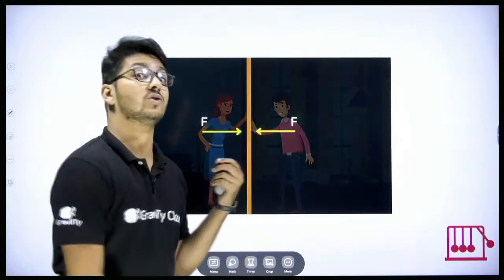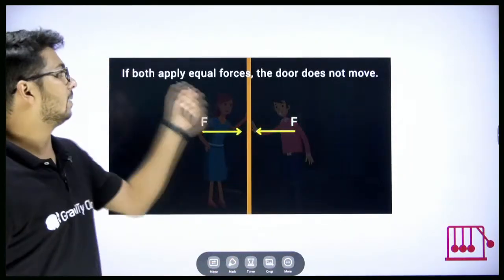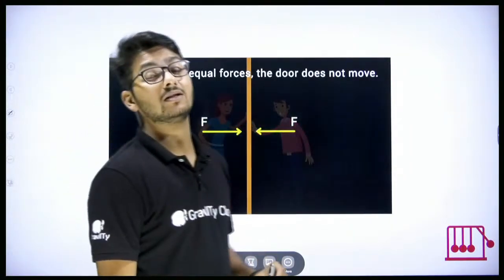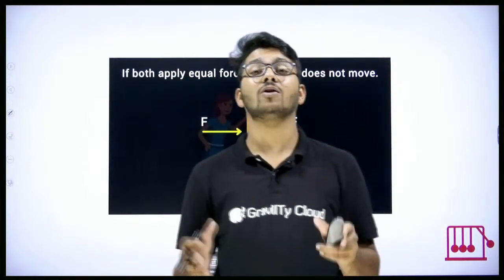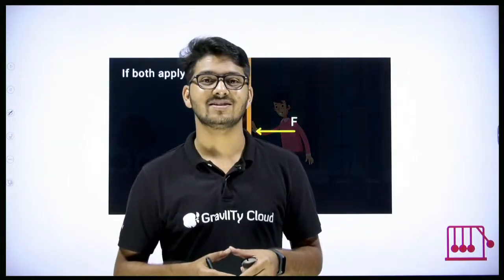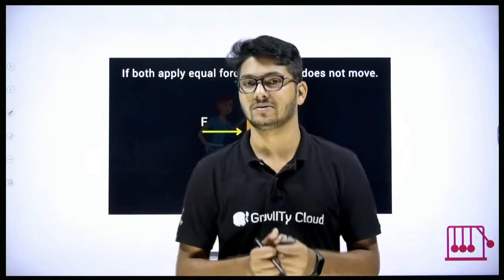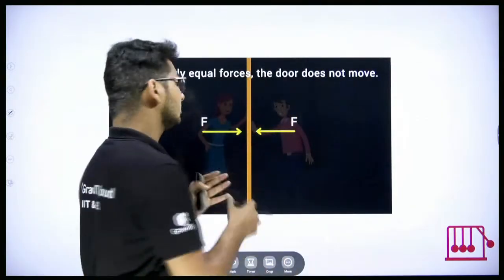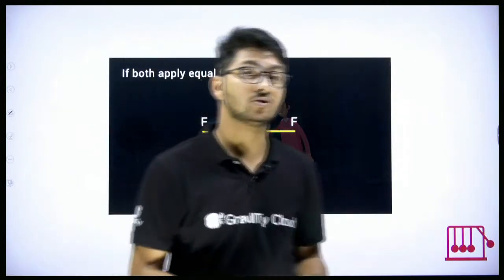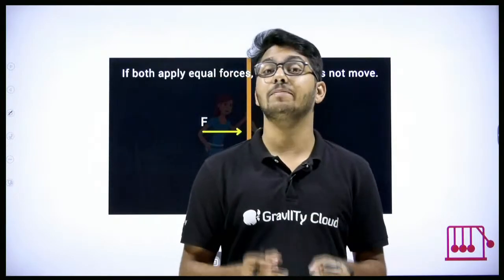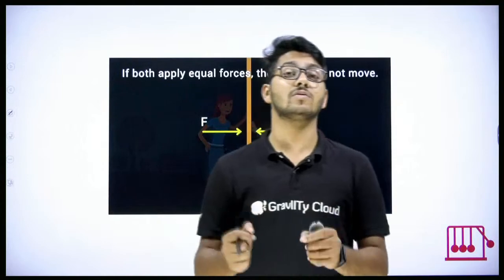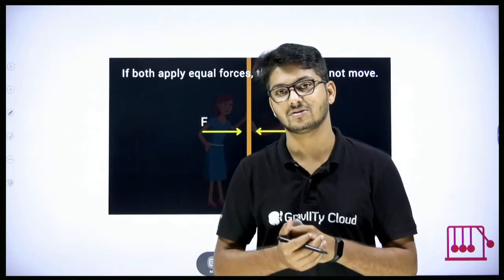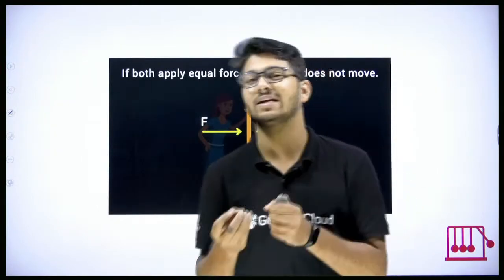But if both apply equal forces, the door will not move. So here in a simple case we have two forces acting, but depending on the value of those two forces, different things can happen.